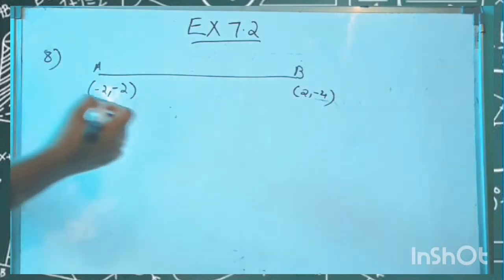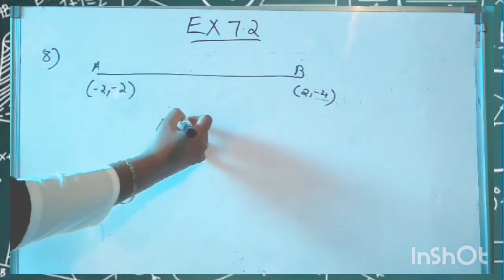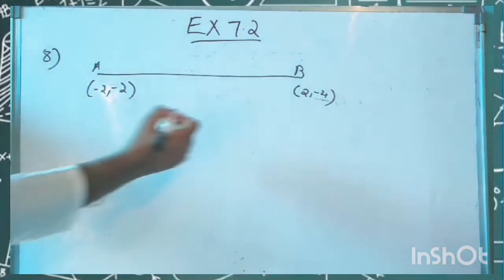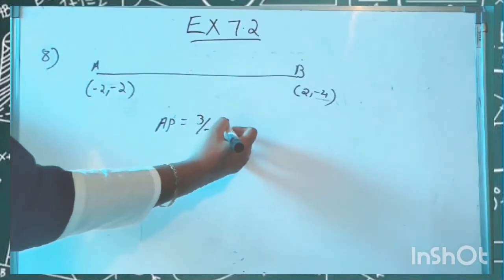And in this problem, the ratio is given indirectly, that is AP is equal to 3 by 7 AB.